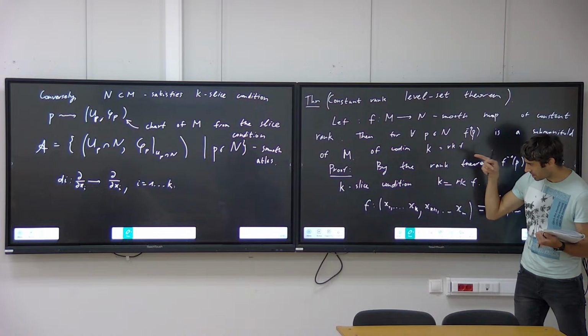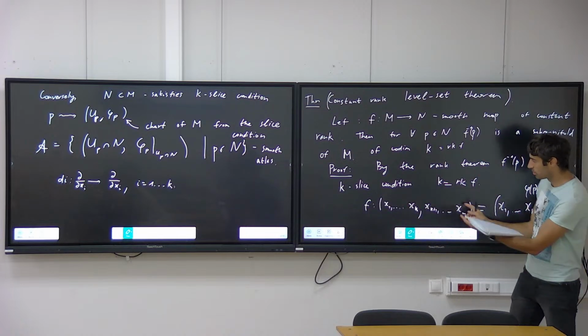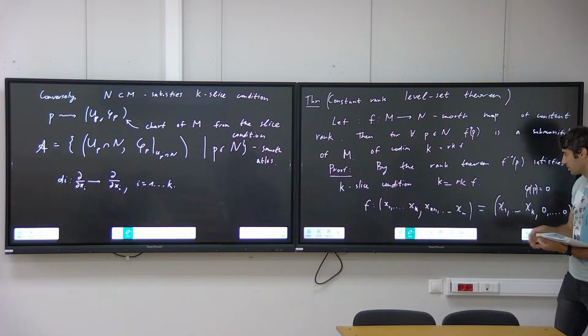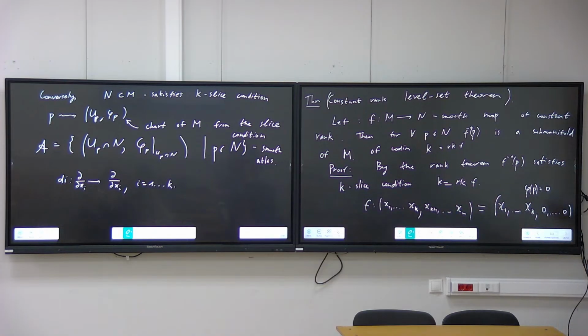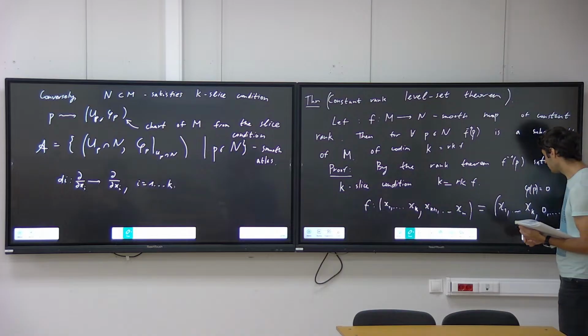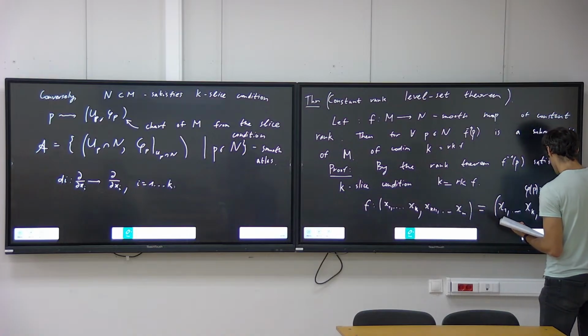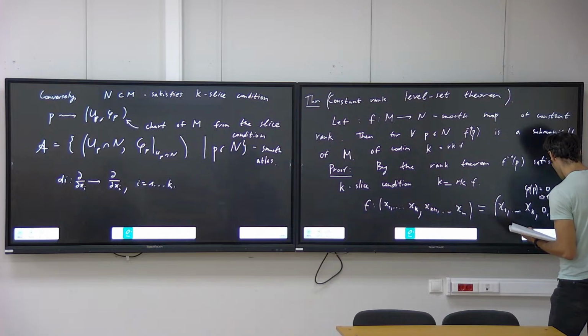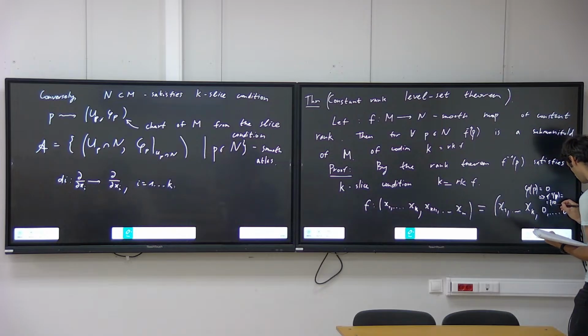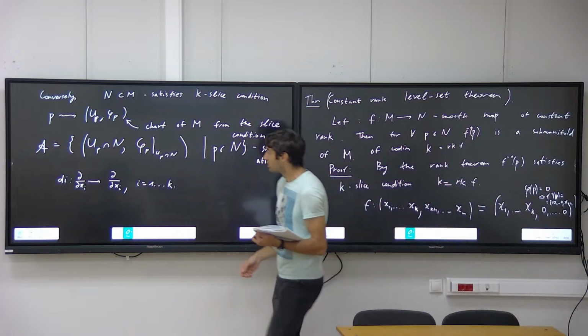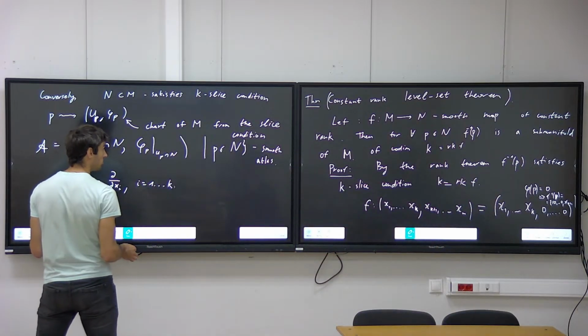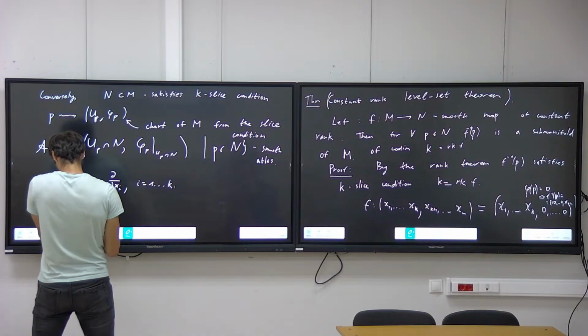If I want to be exactly like in the k-slice condition, I need to switch the order of coordinates, but that's irrelevant. So this choice gives us that F inverse of P is of this sort: 0, ..., 0, and then x k plus 1, and so on. Okay, this is this thing.